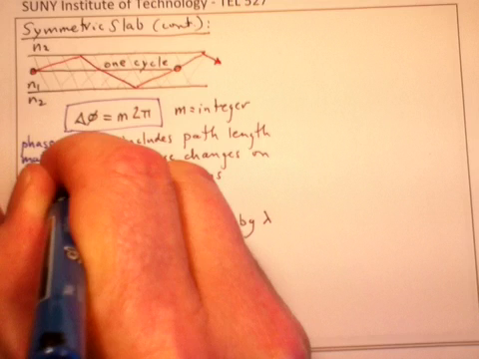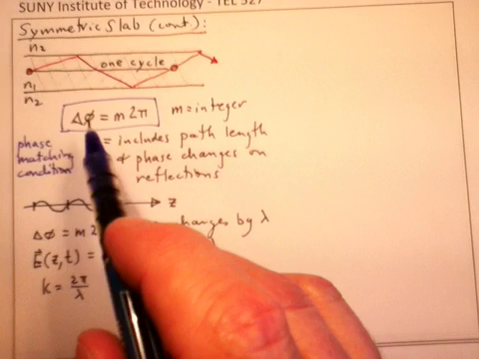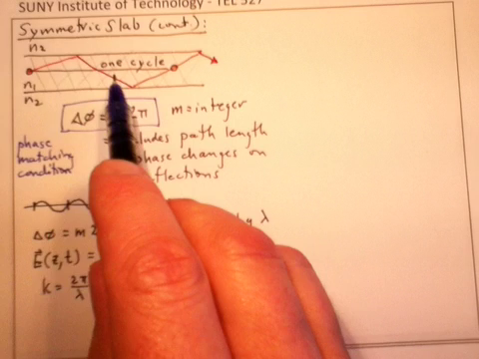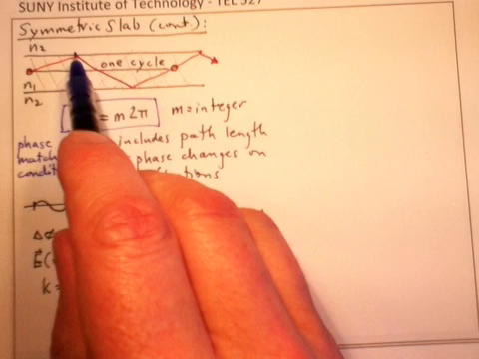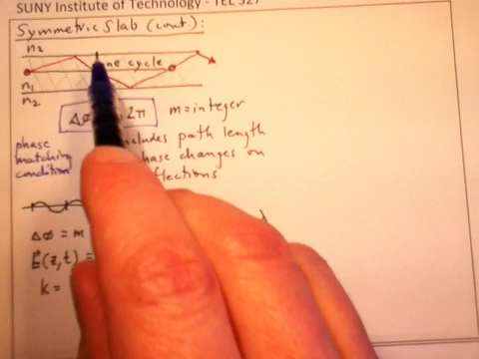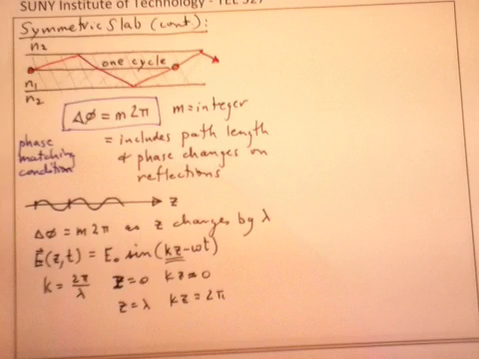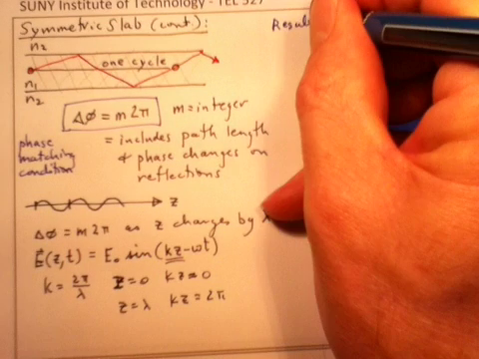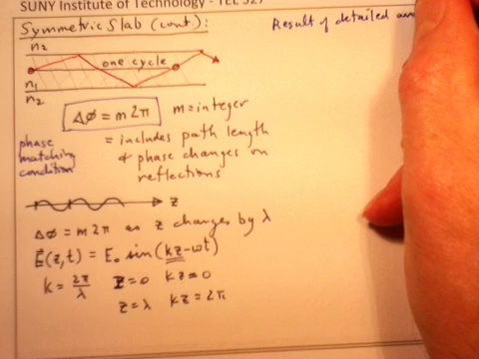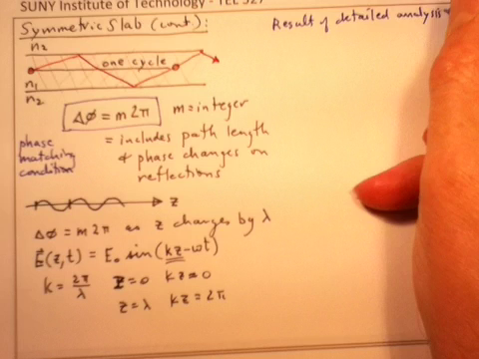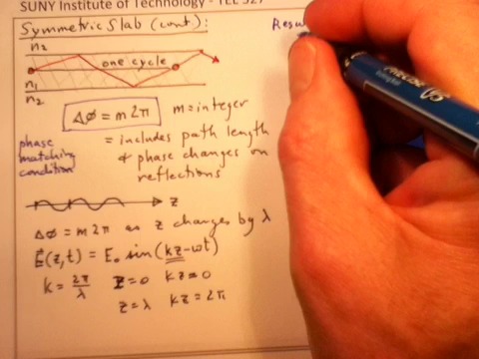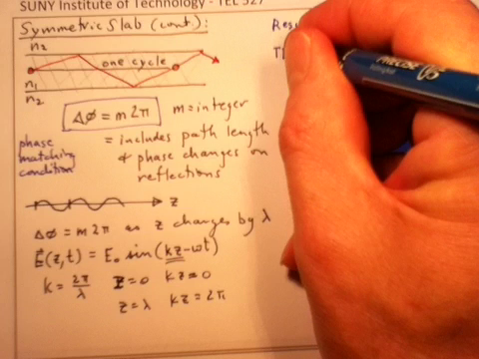Okay, and as I say, the phase advance includes not only the advance through this distance, but also potentially 90-degree phase shifts or 180-degree phase shifts, one or the other, upon these reflections. And the result of the detailed analysis is that we have two results, for TE and for TM.